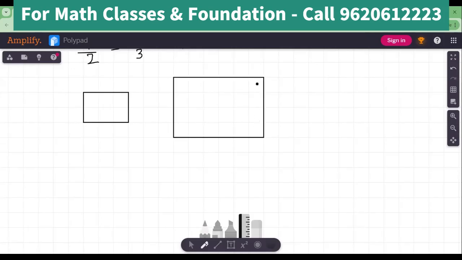It is similar. Now let's talk about their areas, right? So now area of this rectangle will be what? 2 times 3, that is 6, isn't it? Now area of this one, if you see, this is 4, this is 6.